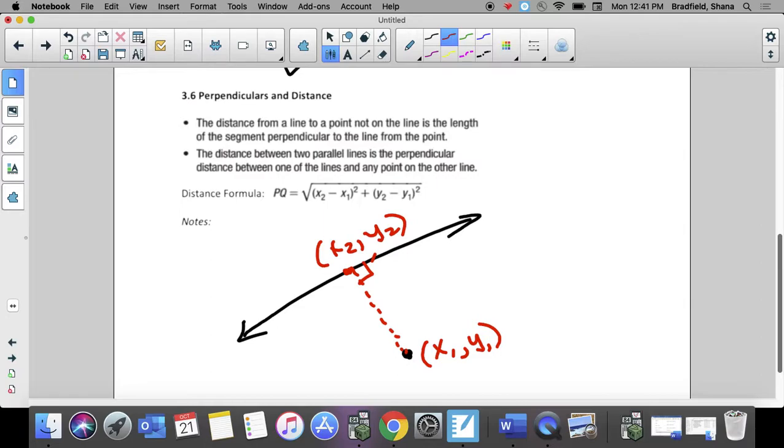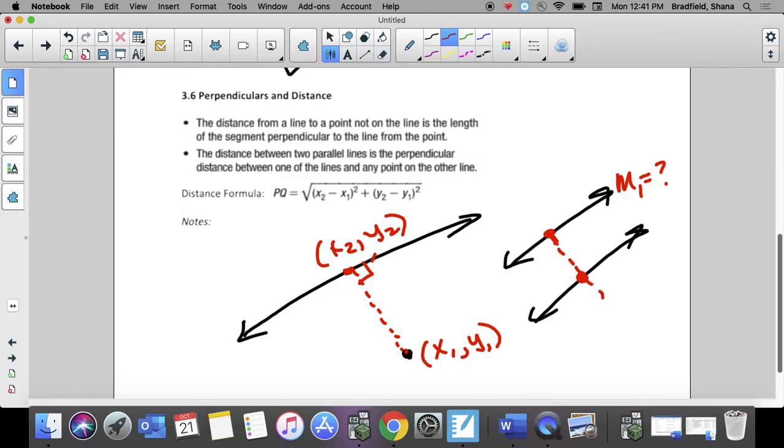If we have two parallel lines, okay, and we want to find the distance between those, what I would do is I would indicate a point here, find the slope of the parallel line, and then figure out what a line that's perpendicular to it would have to be so that I can draw that line and see where it intersects with my parallel line.